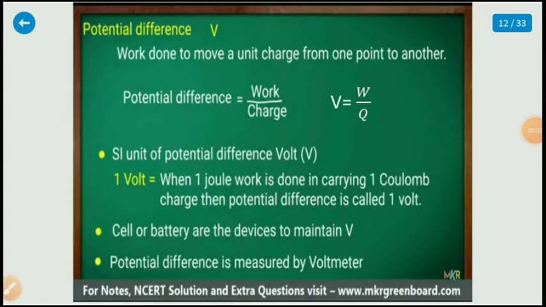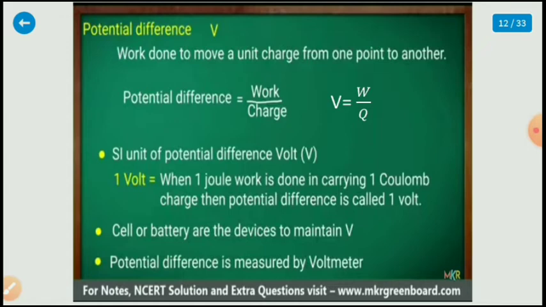Potential difference is represented by the symbol V. Potential difference is nothing but the work done to move a unit charge from one point to another point. That is the potential difference that we will study further.